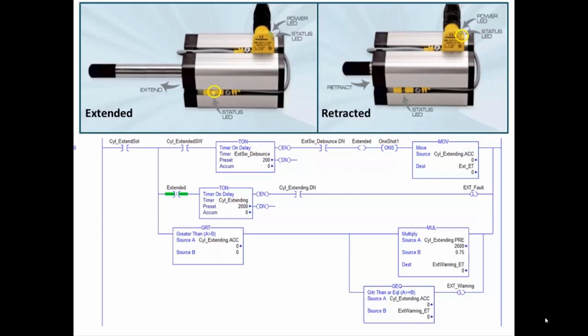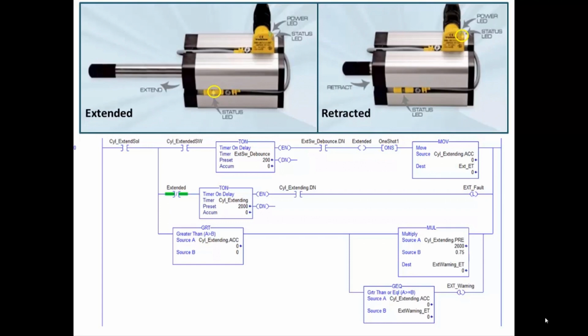Because you're capturing the extend ET in the first branch, you know how long that cylinder takes to extend when you commissioned this machine. You increase that value and put that in the cylinder extending preset. Because if that timer in the second rung times out, then it has taken way too long to extend, and the extended bit doesn't come on until after the timer is done, and it latches in the extend fault.